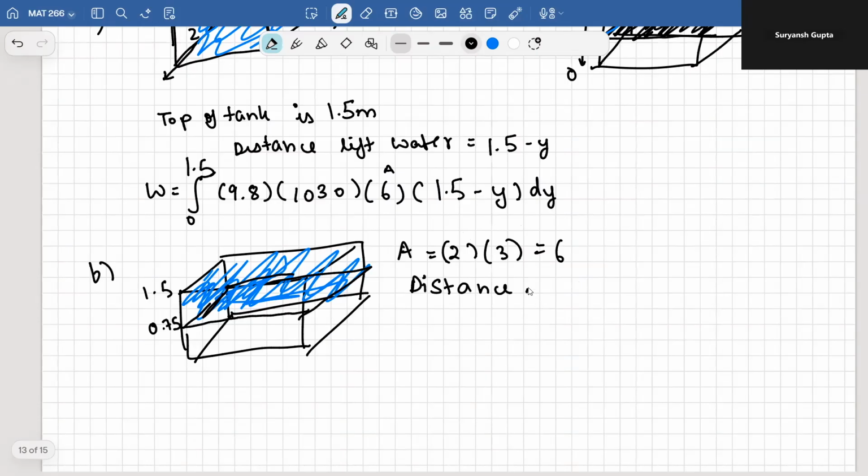The distance to lift water is still going to be equal to 1.5 minus y. It's the same reasoning as the previous question. There's still all the water in the tank, but if your water is here and you're trying to lift it to the top of the tank, you still have to do the whole height minus y here.